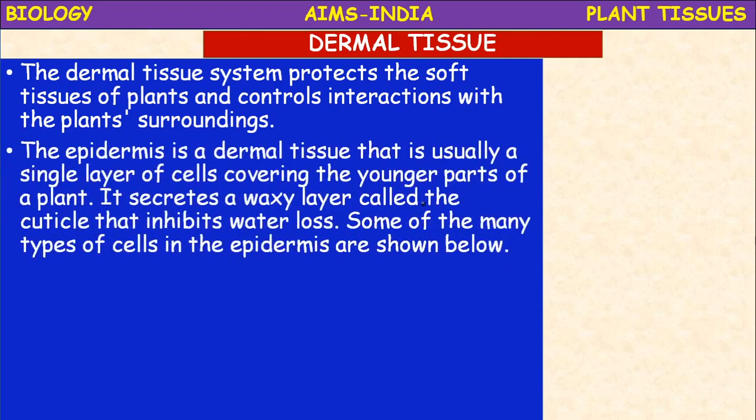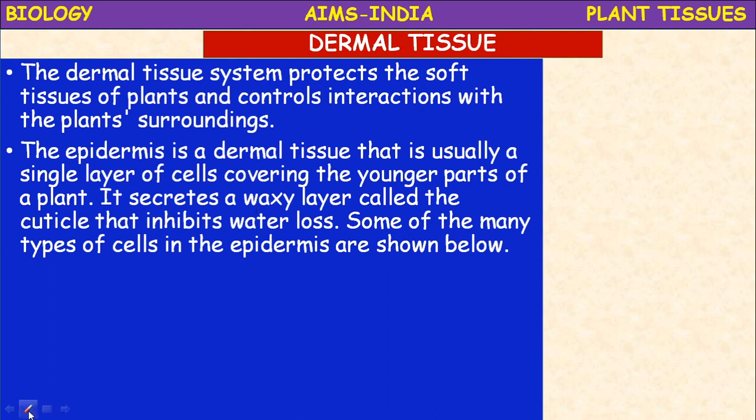The epidermis is the dermal tissue outer layer that is usually a single layer of cells surrounding the younger parts of a plant. Epidermis is the outermost layer, so it is a single layer of cells covering the younger parts of a plant. Then it secretes a waxy layer called cuticle that inhibits water loss.